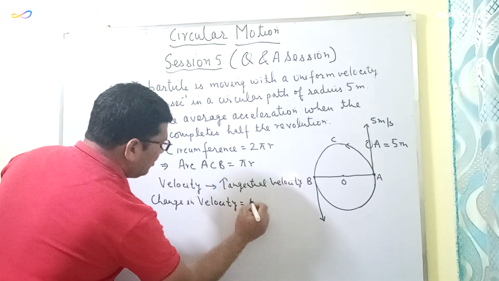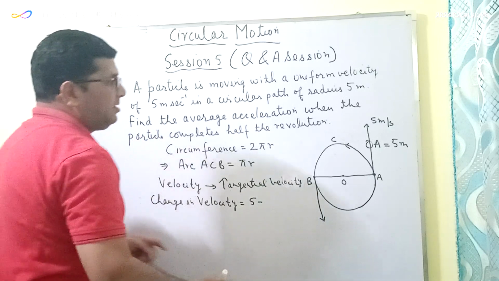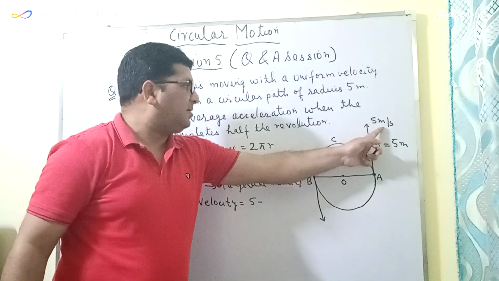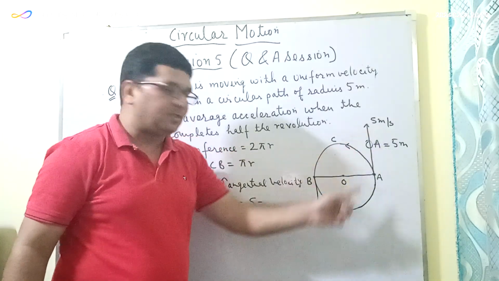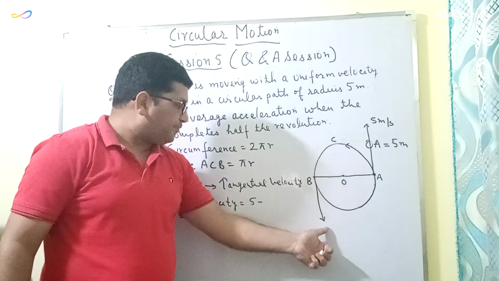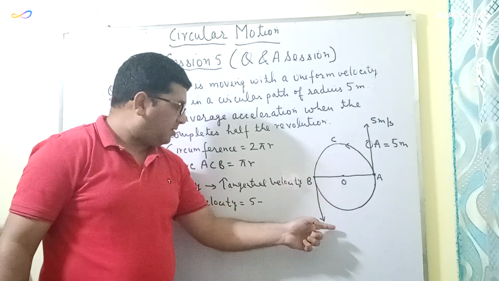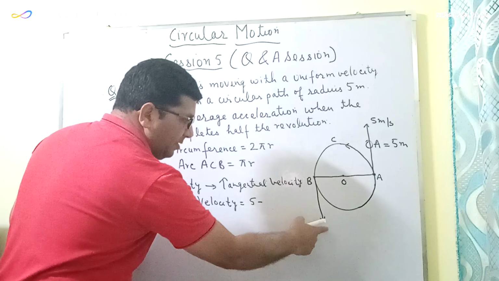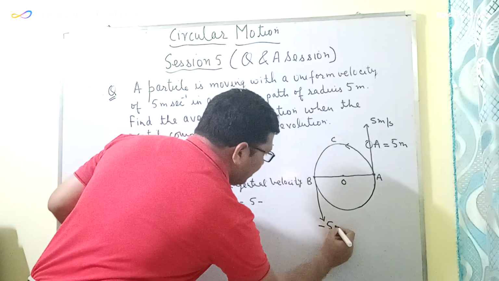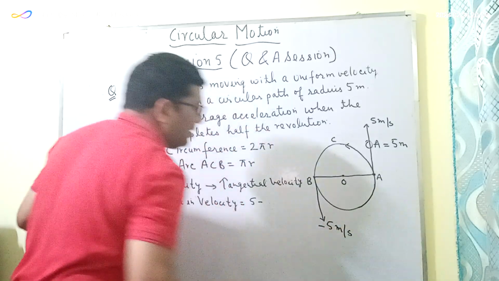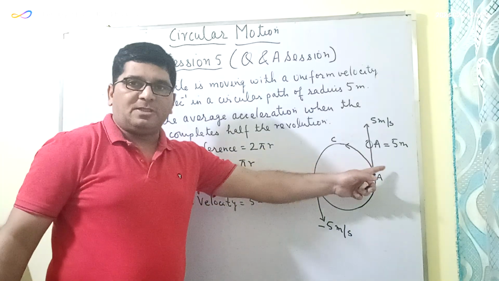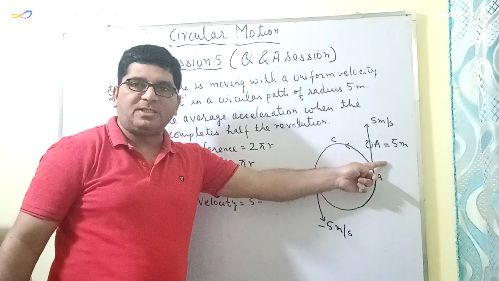So the change in velocity will be equal to 5 minus... see, if the velocity is 5 meter per second in this upward direction, then the velocity at point B will be taken as minus 5 meter per second, because we know that velocity is a vector.